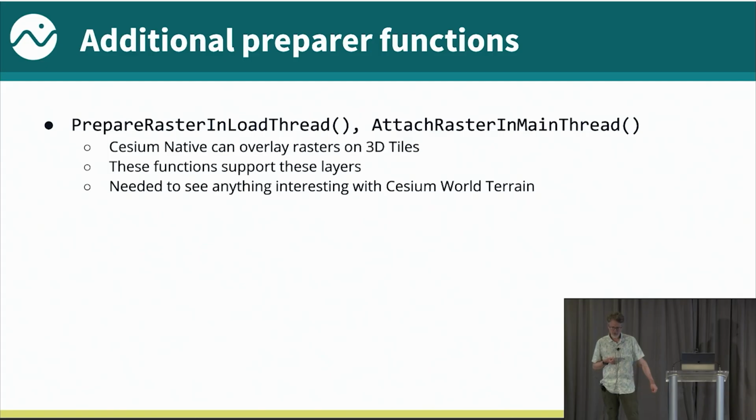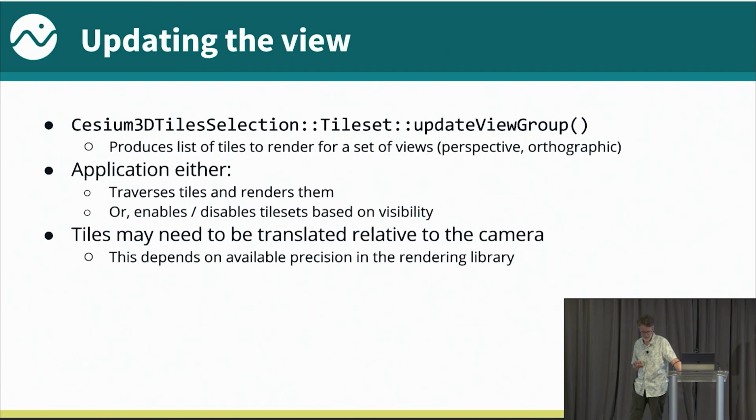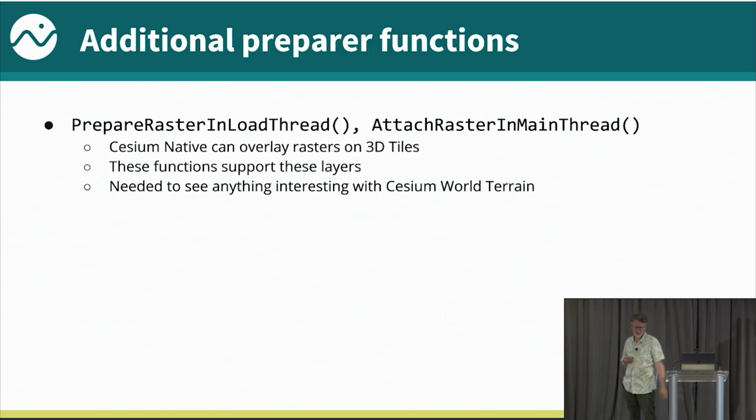One thing is, I didn't realize that Cesium World Terrain only includes height data. So if you're writing an application and you want to use Cesium World Terrain, you really need to implement these in order to have anything other than a snow white globe on the screen. One thing I didn't mention here is that this interface has an interface for freeing data, which is necessary to implement.